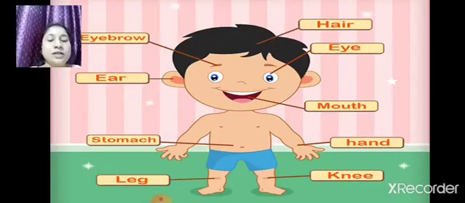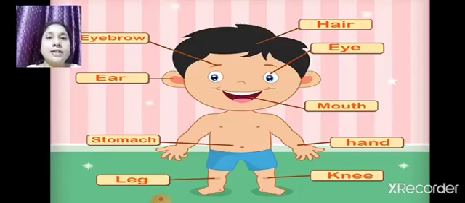Just like our body parts, a computer also has different parts. In our body there are eyes, ears, mouth, hands and legs. We have ears to hear sound.